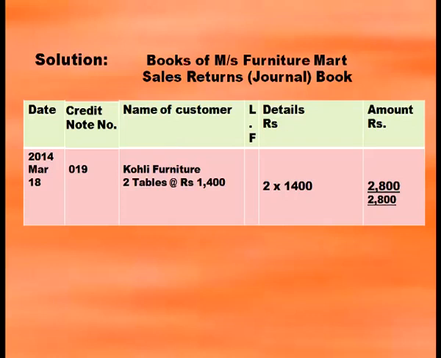Credit note number in the second column and the name of the customer who has returned goods, that is Kohli Furniture. What have they returned? 2 tables at rupees 1,400. Its details in the details column, that is 2 into 1,400, net amount is 2,800. So, the total of sales returns is 2,800. That will come in the amount column.